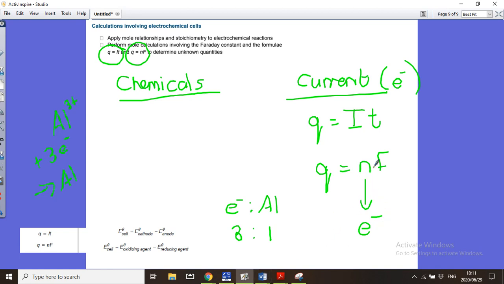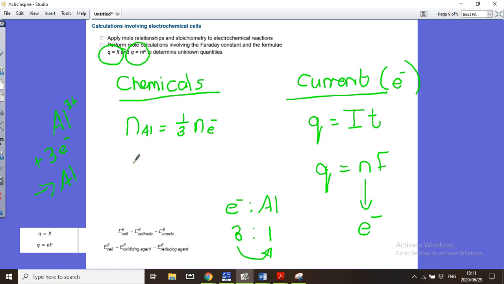Whatever your answer is for electrons, you have to divide it by 3 to get to aluminium, same as your normal mole calculation. So your moles of aluminium is a third of your moles of electrons. Once you have your moles, you can work out anything they ask you about your chemicals.